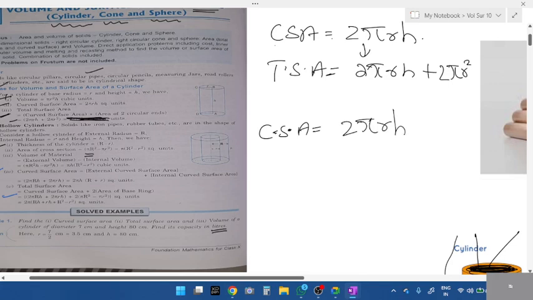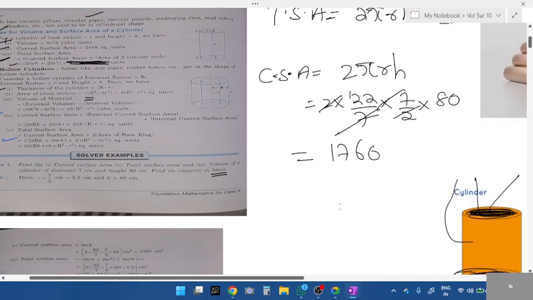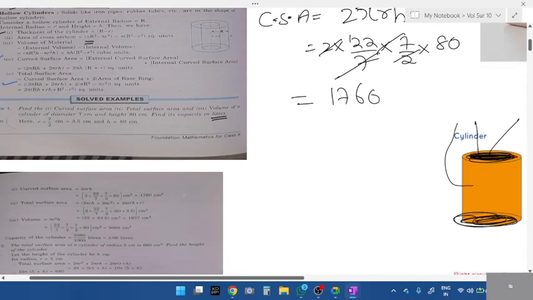Along with that, multiply by h. So 2 into pi value. What is the pi value? 22 by 7. What is the radius? 7 by 2. Height is equal to 80. 7 and 7 get cancelled. 2 and 2 get cancelled. 8 2s are 16, 17. 1760. Can you see the answer? 1760 centimeter square.